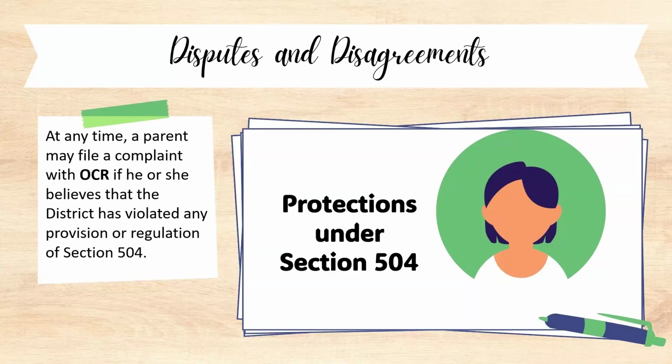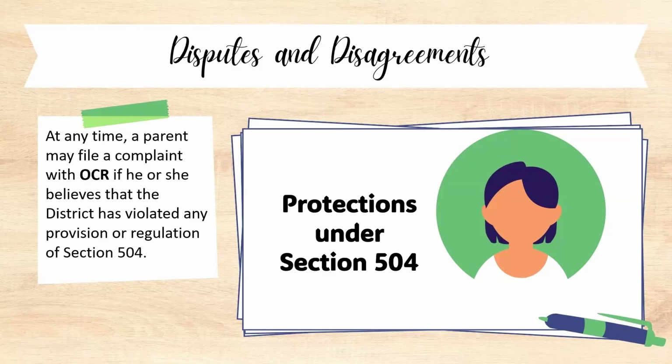An OCR complaint is a formal complaint filed with the U.S. Department of Education's Office for Civil Rights. These complaints typically address allegations of discrimination based on race, color, national origin, sex, disability, or age in programs or activities that receive federal financial assistance.